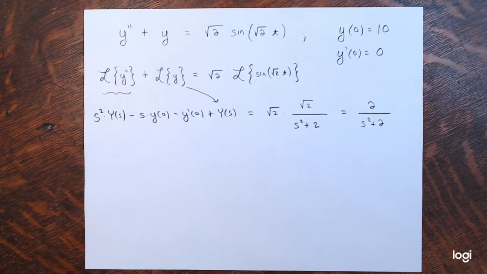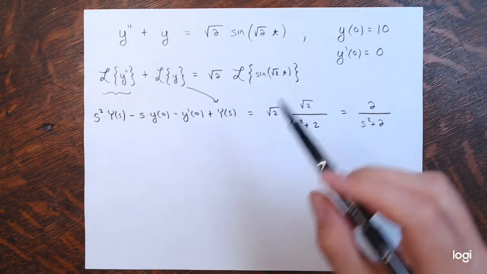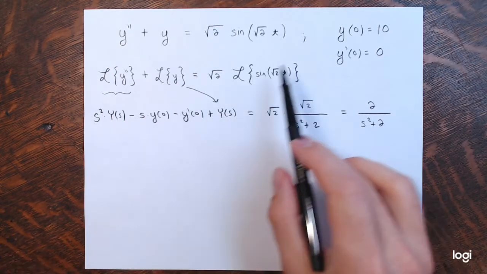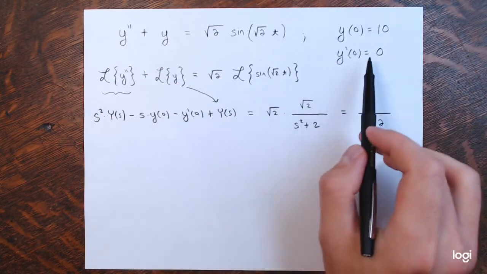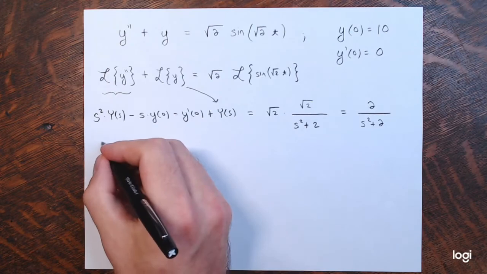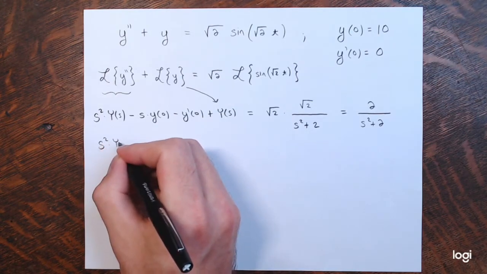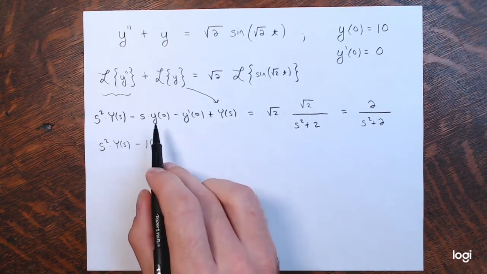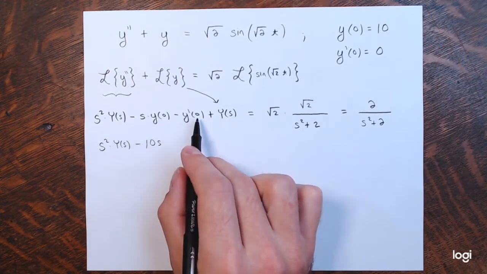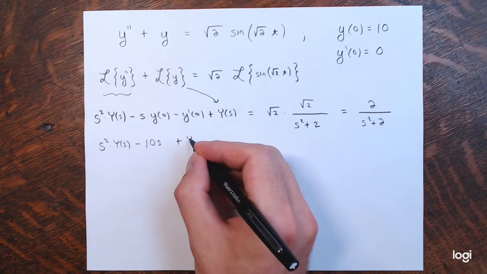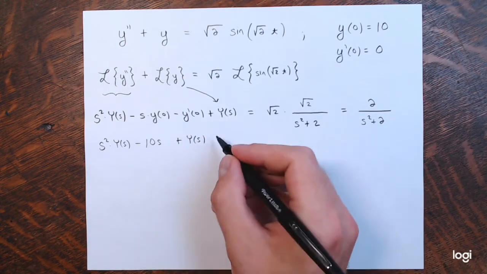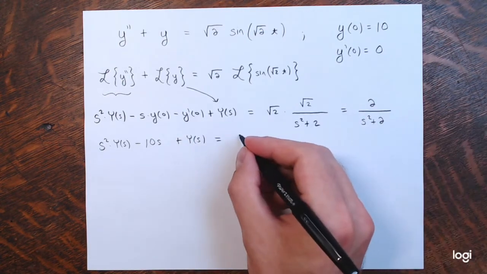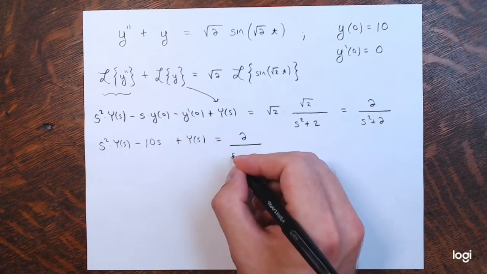Alright, then just as before, I'm going to put in the conditions. y of 0 is 10, y prime of 0 is 0. So this is s squared times Y of s minus 10s, right, y of 0 is 10, minus 0, then plus Y of s equals this 2 over s squared plus 2.